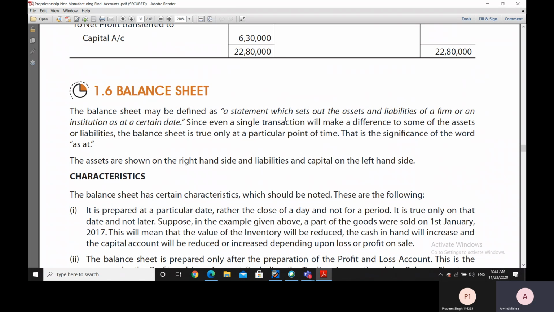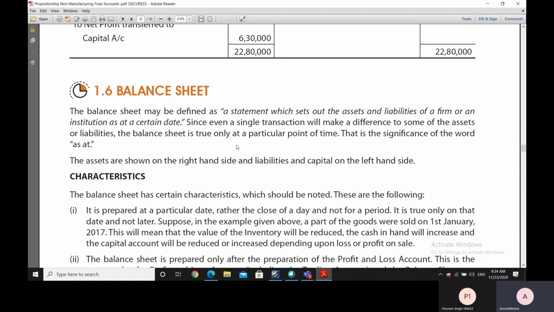A balance sheet is a statement which sets out the assets on one side and the liabilities on the other side on a certain date. Now, every single transaction that we are doing will certainly make some difference to some of the assets or liabilities.